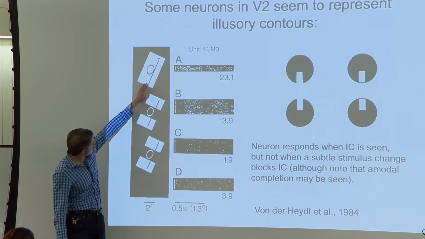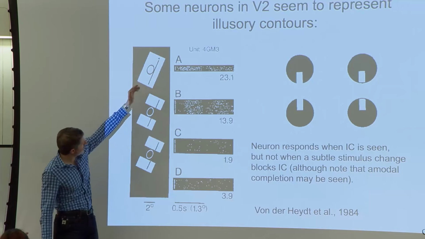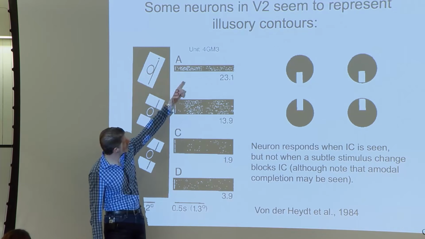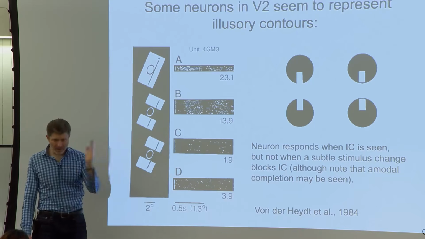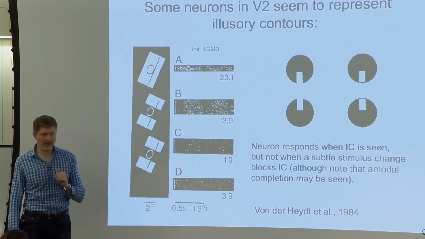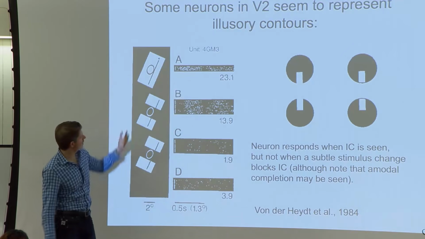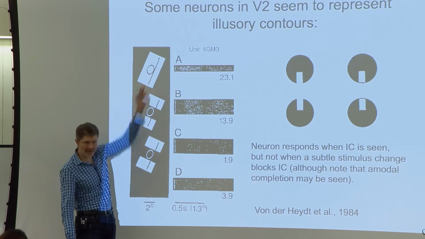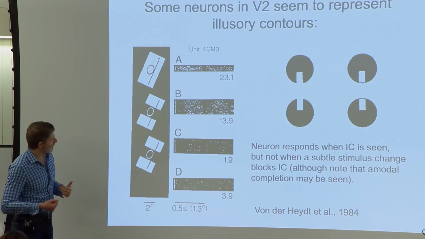This is just a regular line that gets swept through the receptive field, and this is what's called a raster plot. Each row represents one trial where you sweep the thing through the receptive field, and the dots represent spikes fired by the neuron. And the point is that there's a lot of dots there, which is what you would expect because there's an edge in the image. You sweep it through the receptive field, and you get a response.